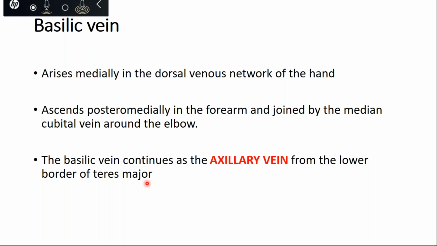The same vein is given a different name, just like a road that, after a certain point, is given a different name. Similarly, the basilic vein after the lower border of teres major is named the axillary vein. Any doubts until now?